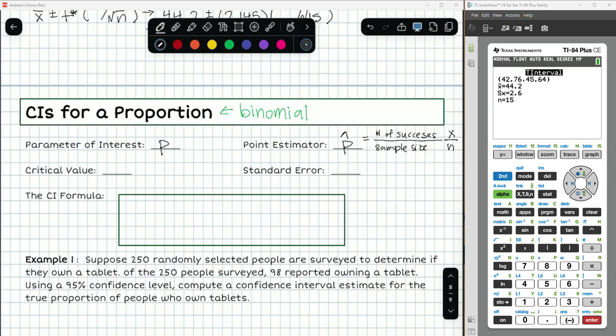Our critical value, when we are estimating binomial situations, we're always estimating with a standard normal curve. So this is going to be a Z critical value, Z star.